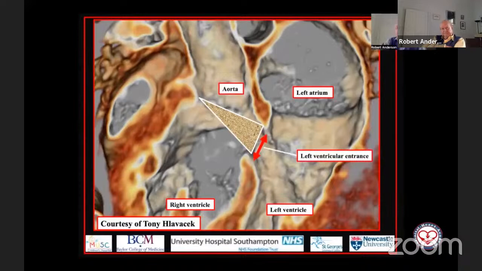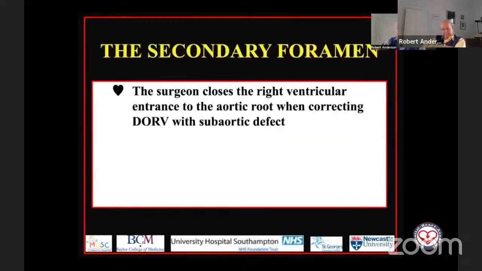But when the surgeon corrects this lesion, as with the embryo, a shelf is placed within the cavity of the right ventricle so as to commit the aortic root into the left ventricle through that left ventricular entrance to this area subtended beneath the aortic root, which is the equivalent of the secondary interventricular foramen.